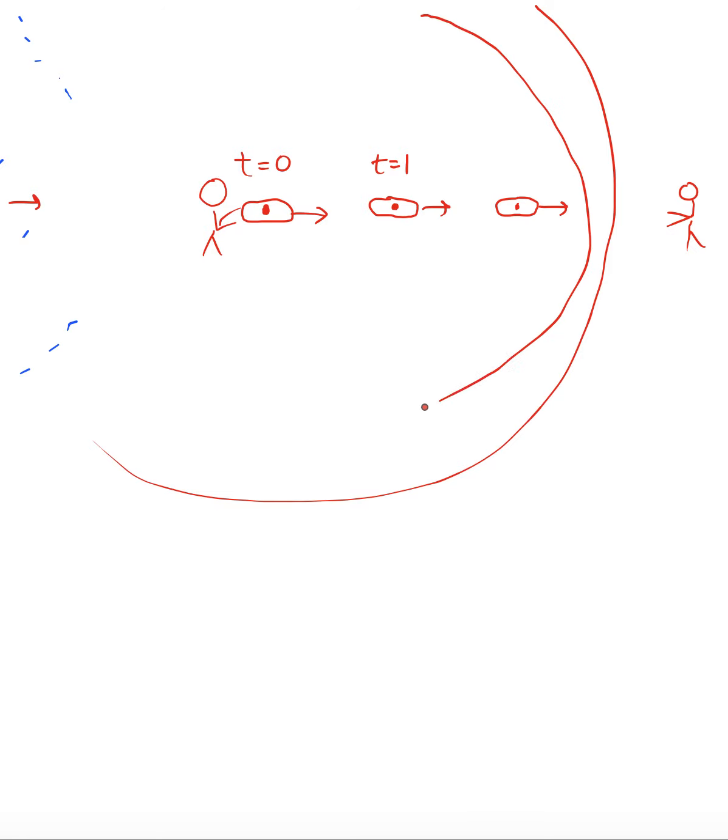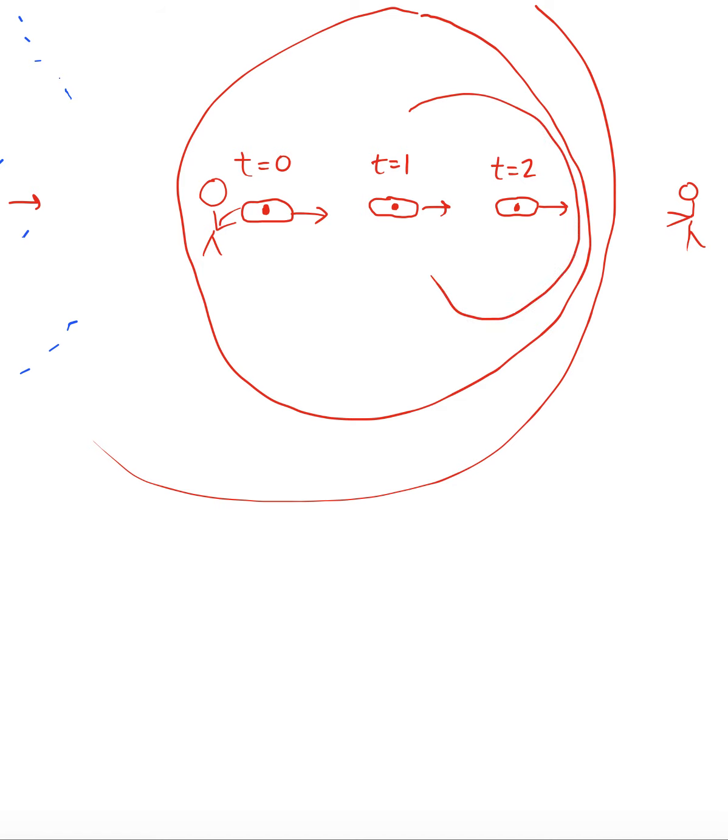And later in time, the disturbance could look something like this. Then, at t equals 2, this point becomes the source of our disturbance. And so it would look something like this. The point is that the crests become very compressed in front of the object that's moving, and the crests are very spaced out behind the object that's moving.